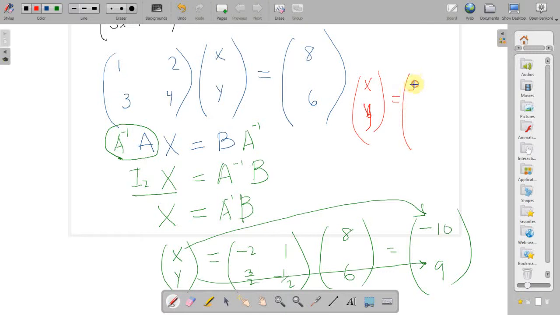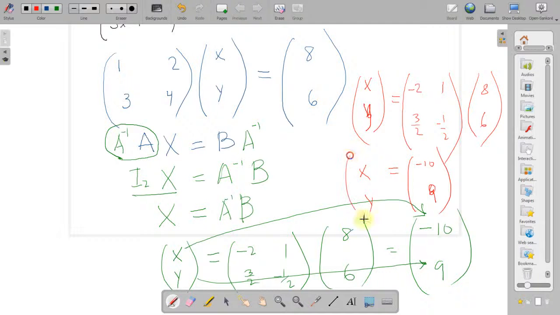In this case, it was -2, 1, 3/2, -1/2, and then you multiply by the matrix formed by the results of your system of equations, in this case 8 and 6. When you multiply this, you're going to get another matrix corresponding to x and y. So now x equals -10 and y equals 9.